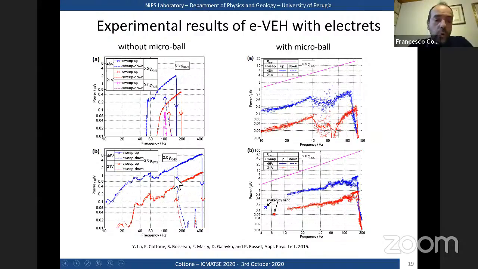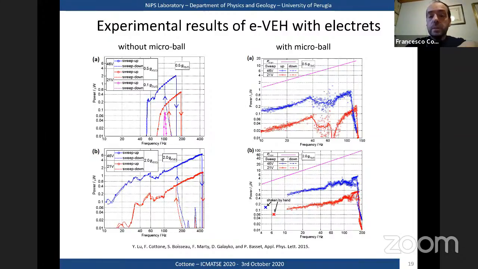As you can see, of course, with higher acceleration input of vibration, we have higher generated power. And the blue and the red refer to different bias voltage. Actually, this bias voltage is provided by the implementation of electrets.